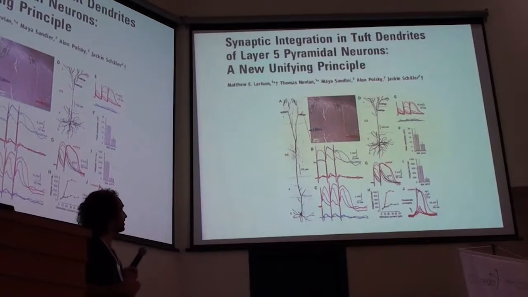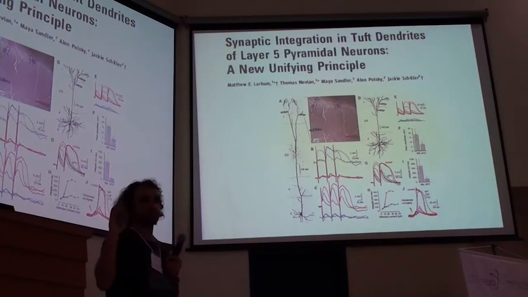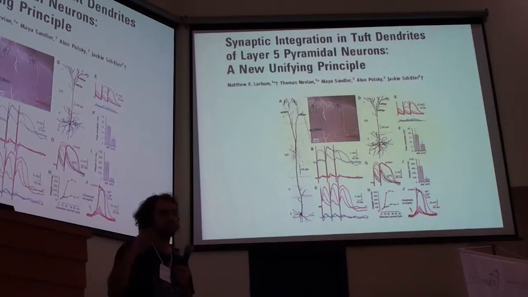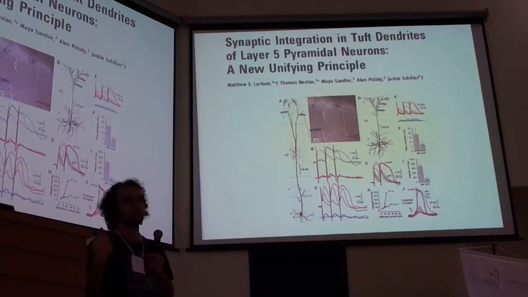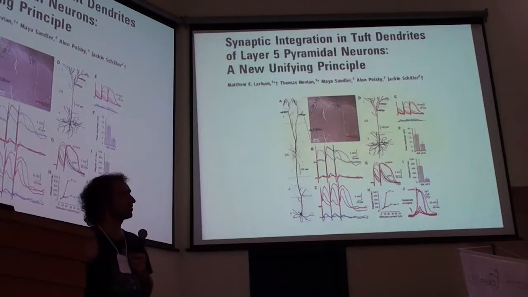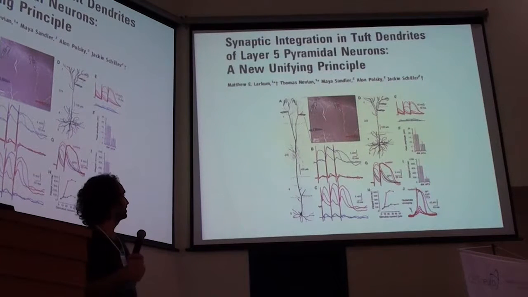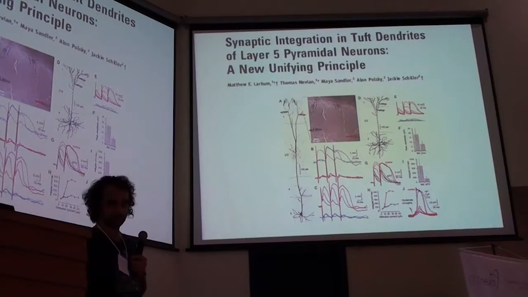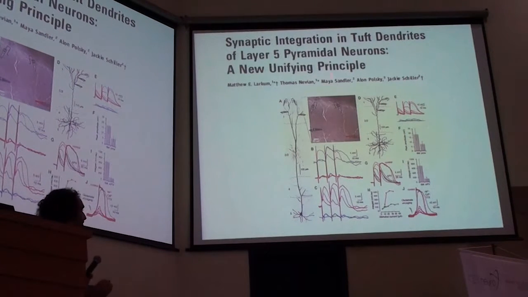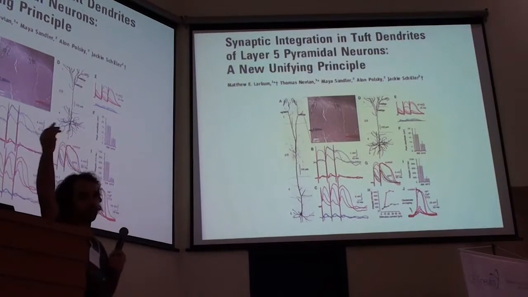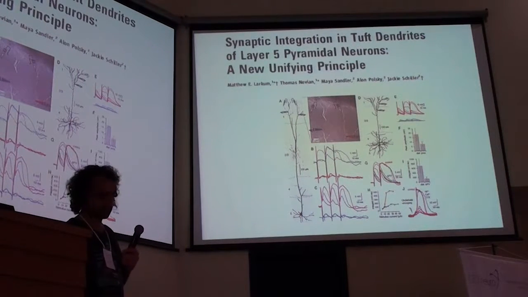The generation of dendritic action potentials, so-called dendritic NMDA spikes or calcium spikes, has been shown in layer 5 pyramidal cells. These dendritic spikes really happen more often in these cells in the distal part than in the proximal part. And as I said, it has a meaning: it serves to amplify this distal synapse.